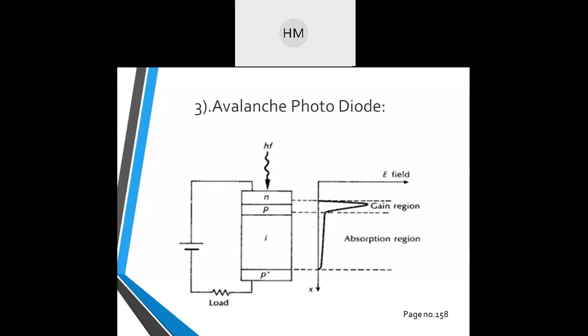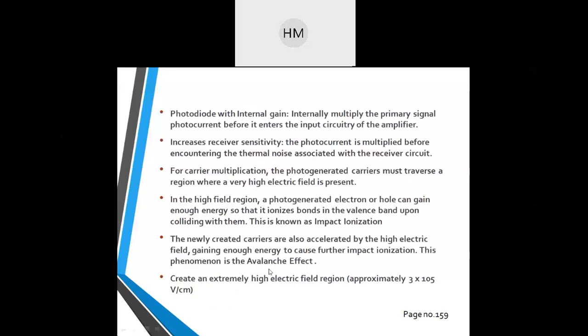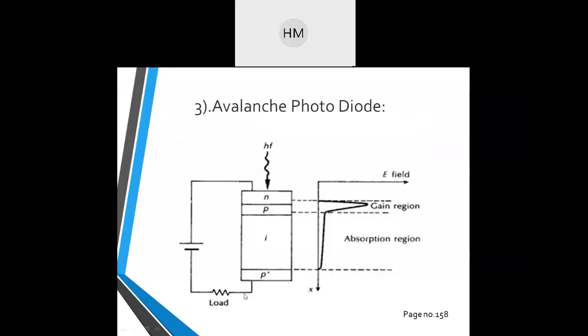What we are doing here, a P type diffusion or ion implant is then made followed by an N plus layer. This configuration is known as P plus, pi or I intrinsic layer, P and N plus. Reach through structure.